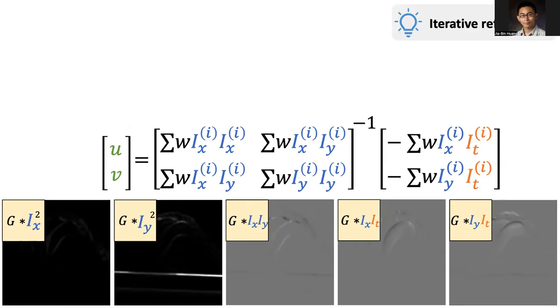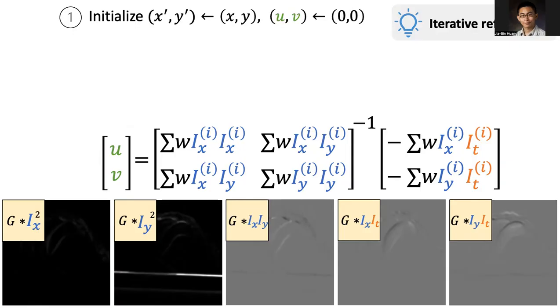There are two key ideas to solve this. One is iterative refinement. My algorithm here only works for small motion, but the actual displacement is not small, and therefore we just run this multiple times. So you start with the initial correspondence x1, y1 as 0.